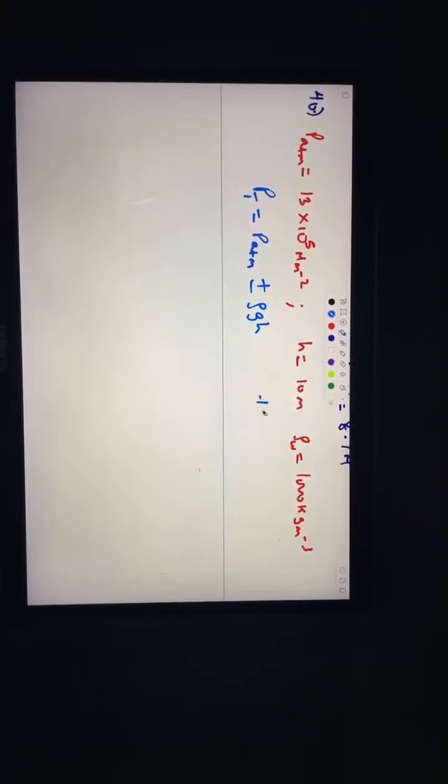You use plus when you are dealing with depth, and you use minus when you are dealing with height, that is, when you are going up above sea level. So in this case, we are going to use plus, since we are going below sea level.